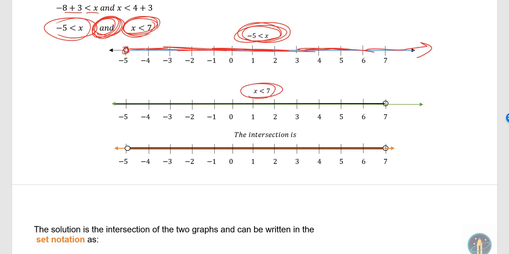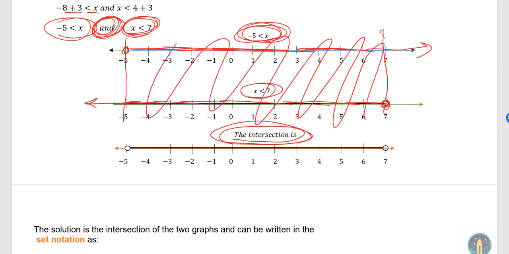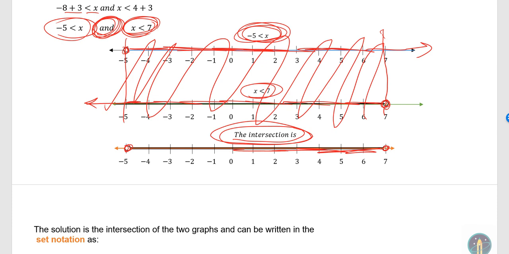So I go to 7 and make an open circle, and then I take whatever is less than 7 towards the negative direction. Now, the intersection of both of these expressions is whatever is included between the two values of minus 5 and 7. It's essentially the space between minus 5 and 7. This is the solution.